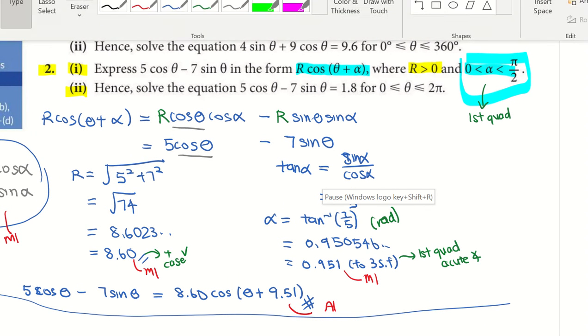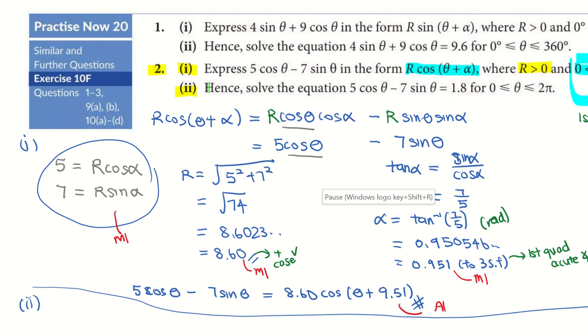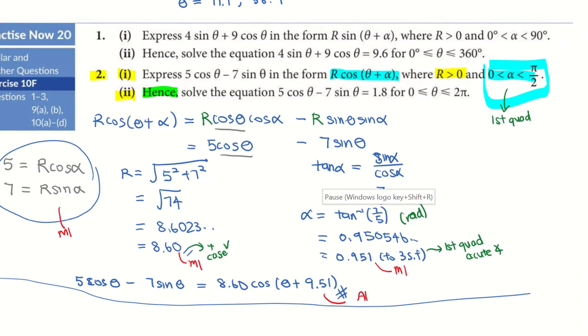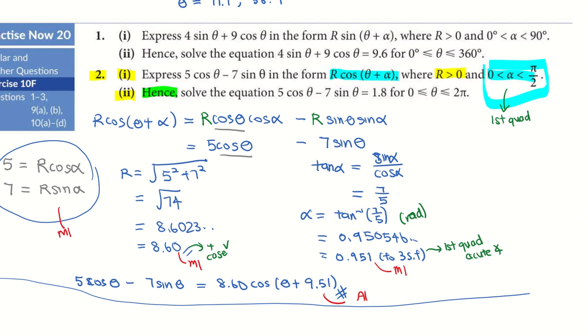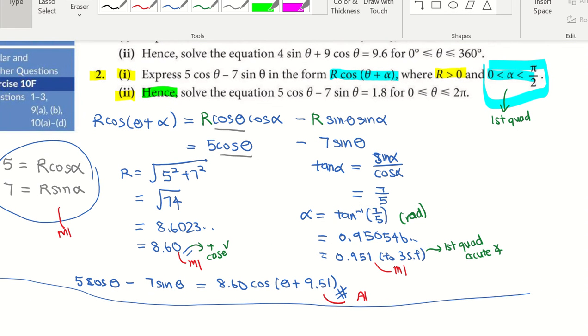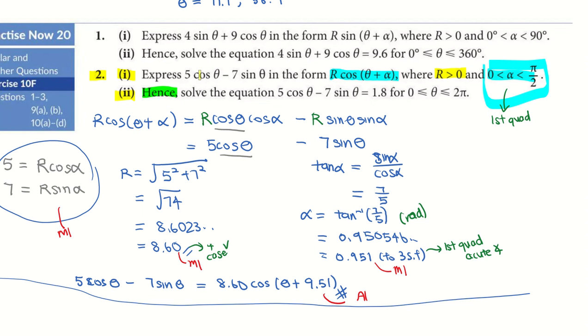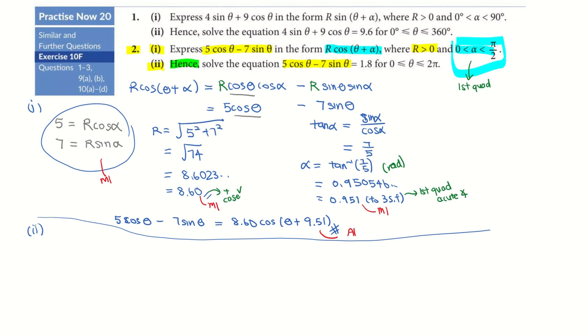Hence, what is the meaning of hence in this question? What are we supposed to do? Hence means use the part 1 answer for part 2. I see that 5 cosine theta minus 7 sine theta is also present in the second part, so I have to use the R formula for the next part. When I use the previous answer, please take note that we will use the exact answer.